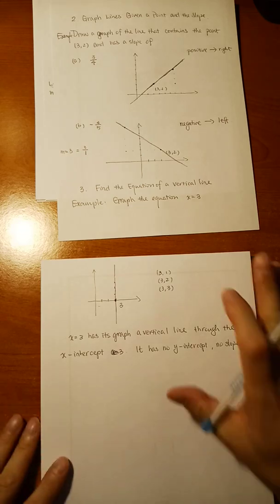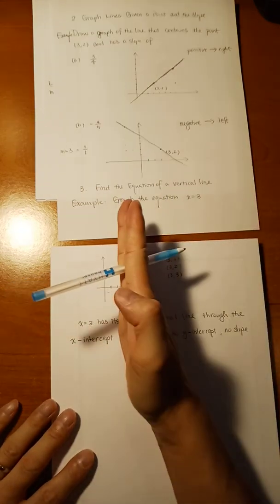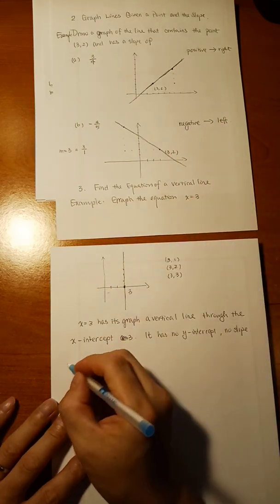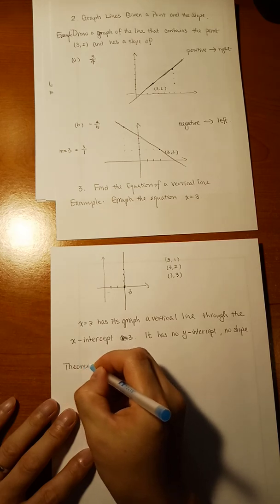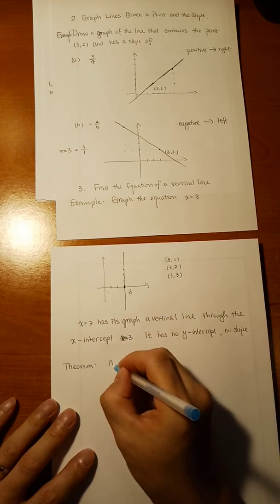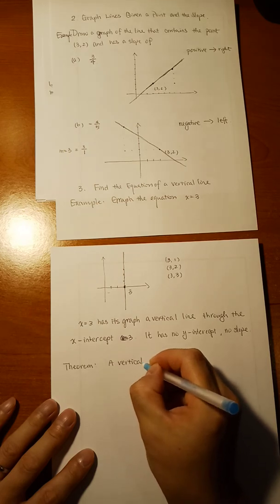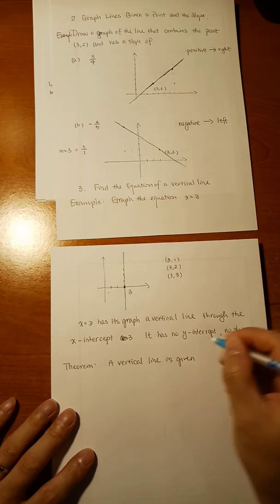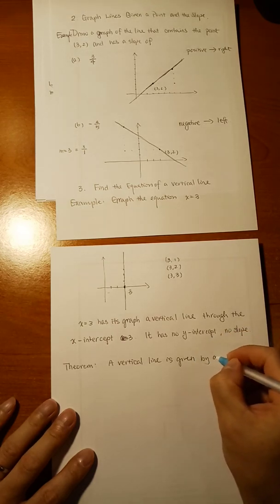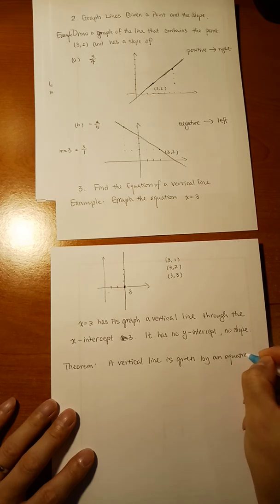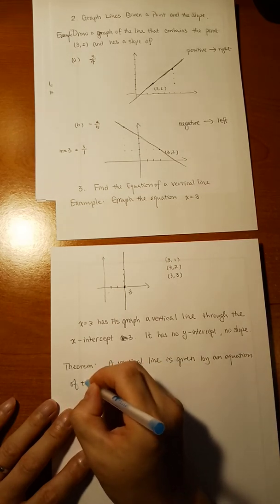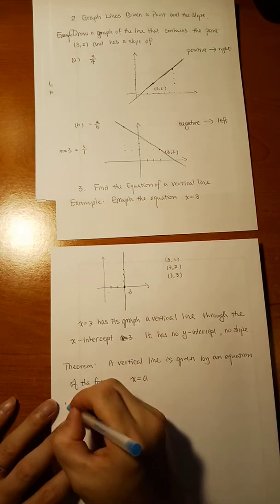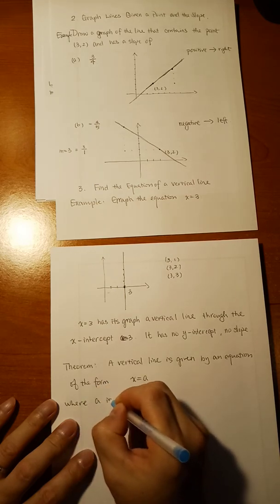And also from this example, we can see that whenever you have a vertical line, its equation should be like this, x equal to something. Okay? So the theorem: a vertical line is given by an equation of the form x equal to a, where a is the x-intercept.